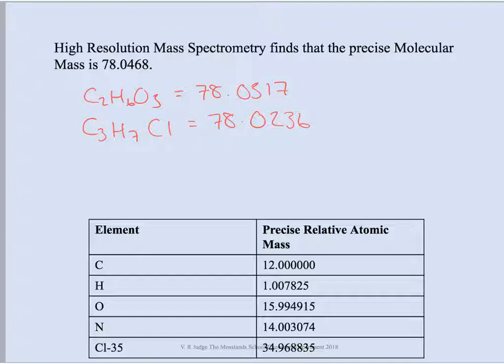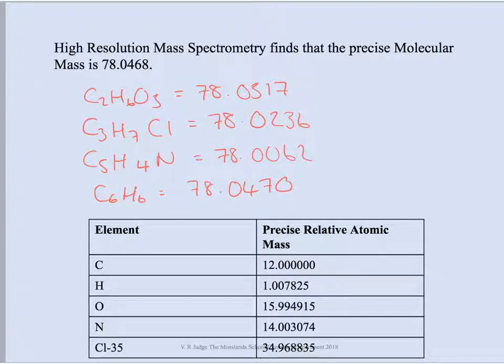So now they're starting to look a little bit different. C5H4N has a molecular mass of 78.0062, and C6H6 has a molecular mass of 78.0470.